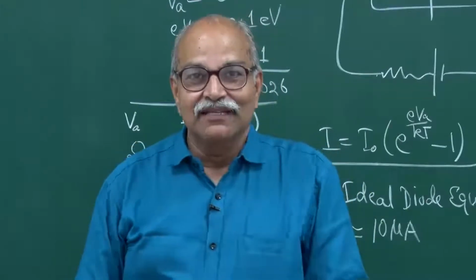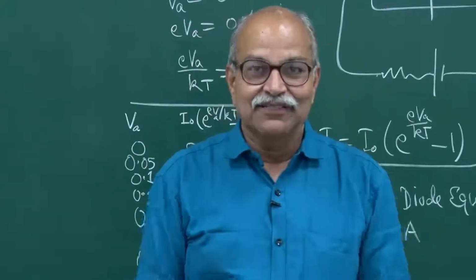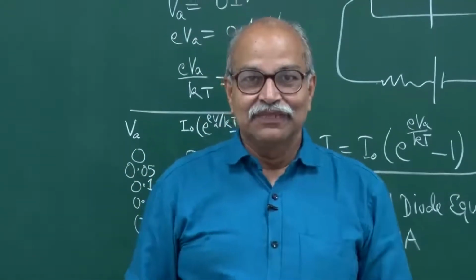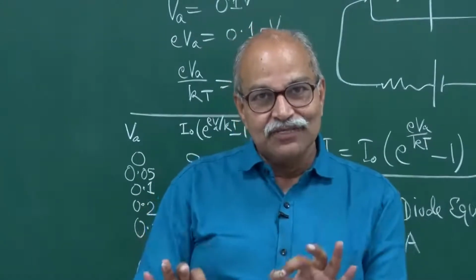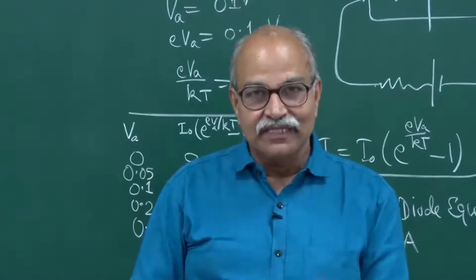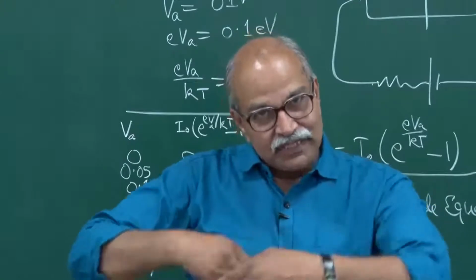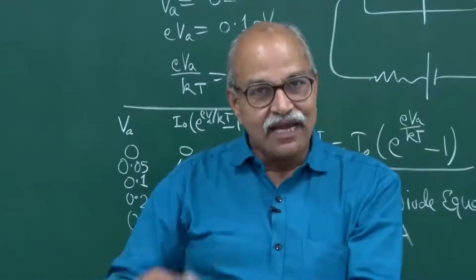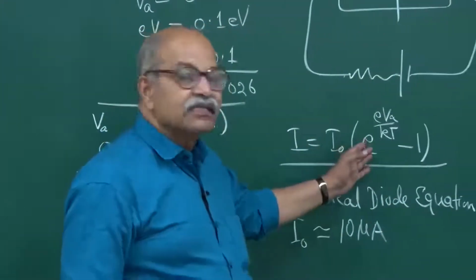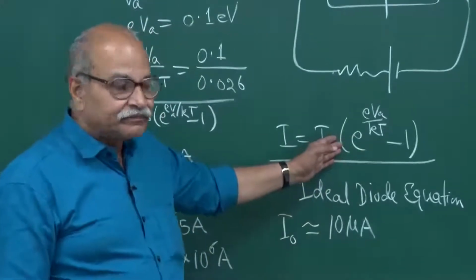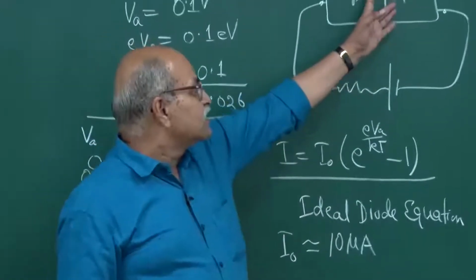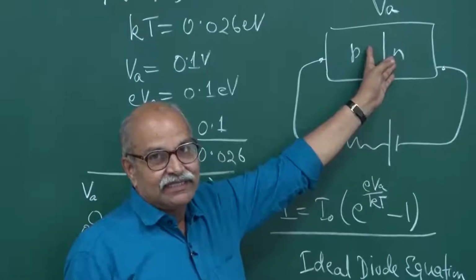So, that will be like a short circuit. So, the actual voltage which is applied across the junction is much less than that, and in that limit this equation is usable. Okay.